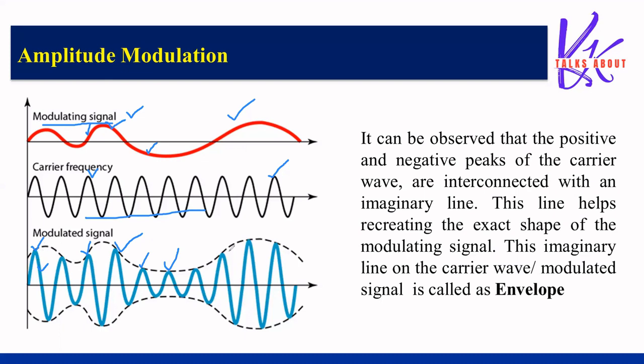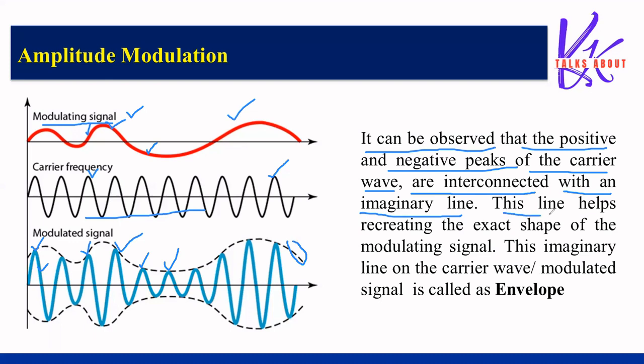You can see that in the figure. In the modulated signal, a dotted line is mentioned as an envelope in the positive half and negative half of the modulated signal. So it can be observed that the positive and negative peaks of the carrier wave are interconnected with an imaginary line. You can see here the imaginary line is nothing but the dotted line which is mentioned.